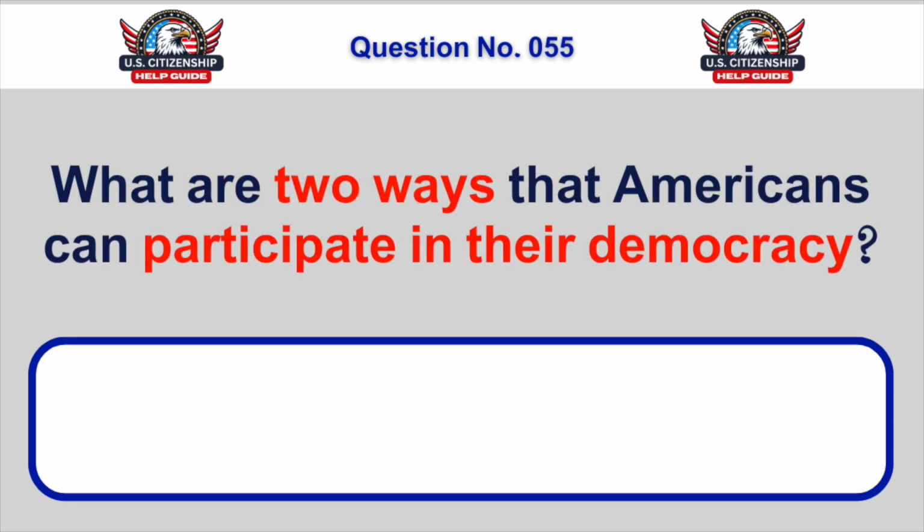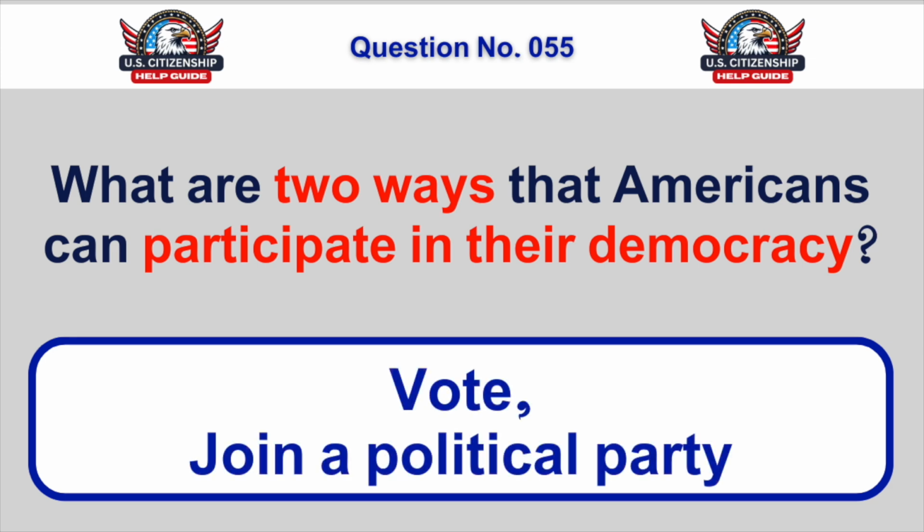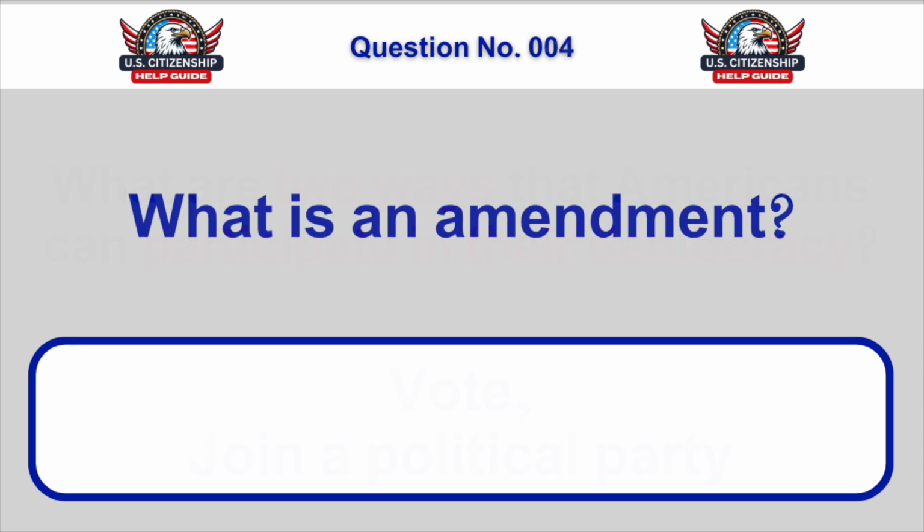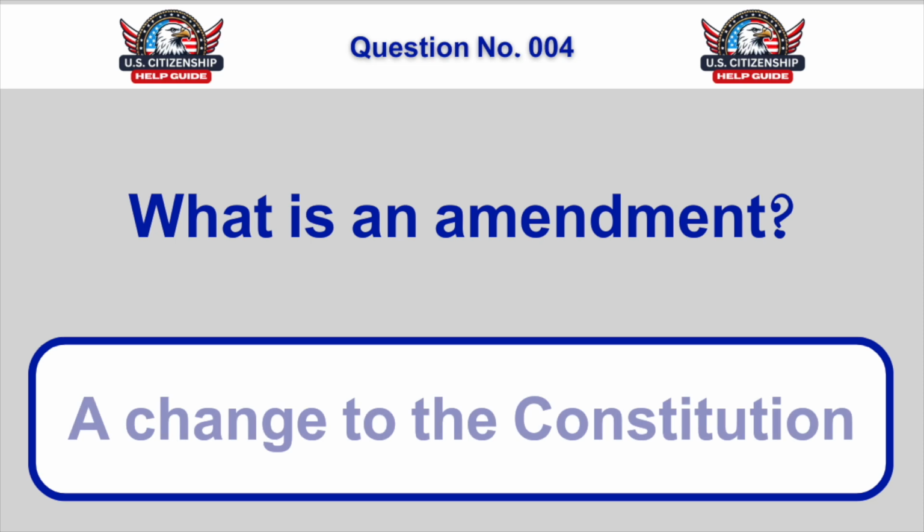What are two ways that Americans can participate in their democracy? Vote. Join a political party. What is an amendment? A change to the Constitution.